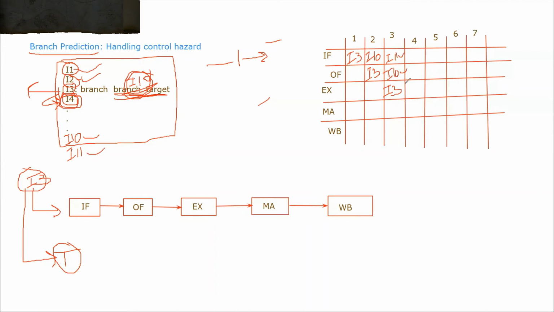Now, when my branch instruction is in the execute stage, I will know the actual outcome of the branch.